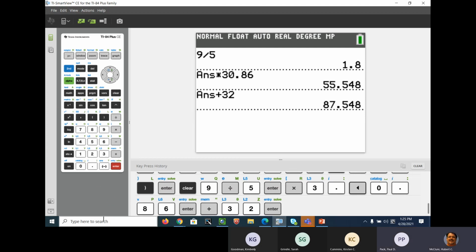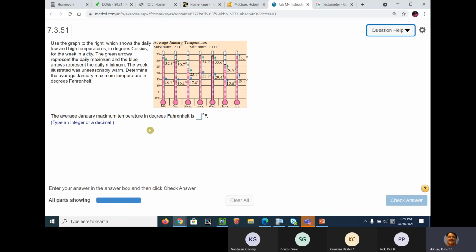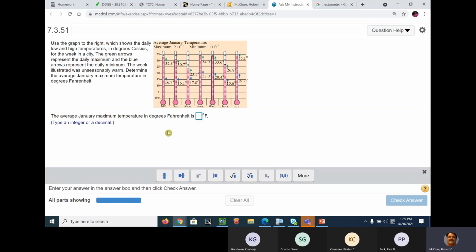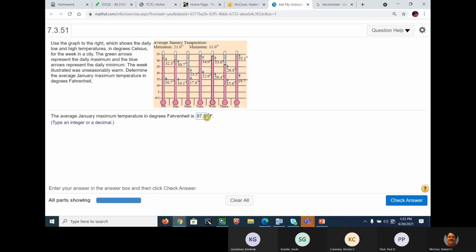Yes. But let's see what they want. They probably want to round to the nearest tenth. Since these are to the tenth, cardinal rule: if you start with the tenth, you end with the tenth. So I'm going to go 87.5. I did that and got it wrong. Okay, 87.6.